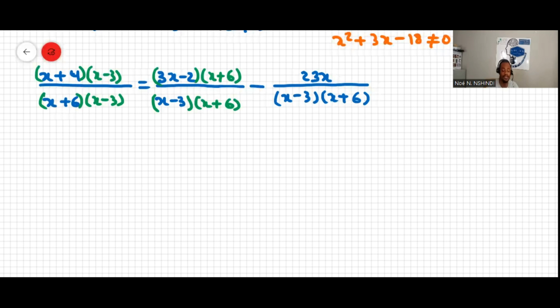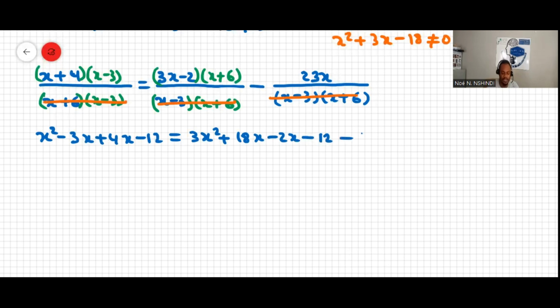Now that the denominators are common, we can just drop the denominators and consider the numerator. x plus 4 times x minus 3 will make x squared minus 3x plus 4x minus 12 equal to 3x squared plus 18x minus 2x minus 12 minus 23x, okay?